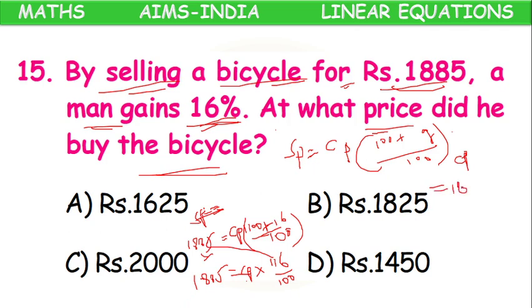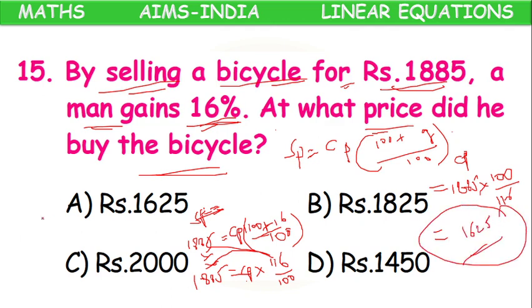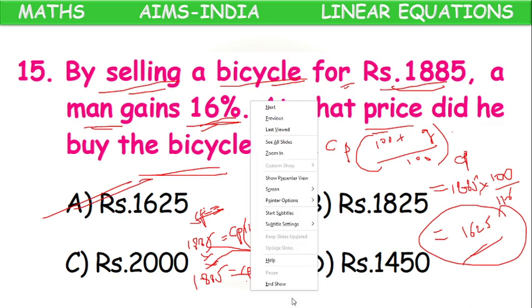CP equals 1885 into, if this fraction comes to the left-hand side, it becomes the reciprocal, 100 by 116. If you do cancellation, the answer is 1625. E option, 1625, will come.